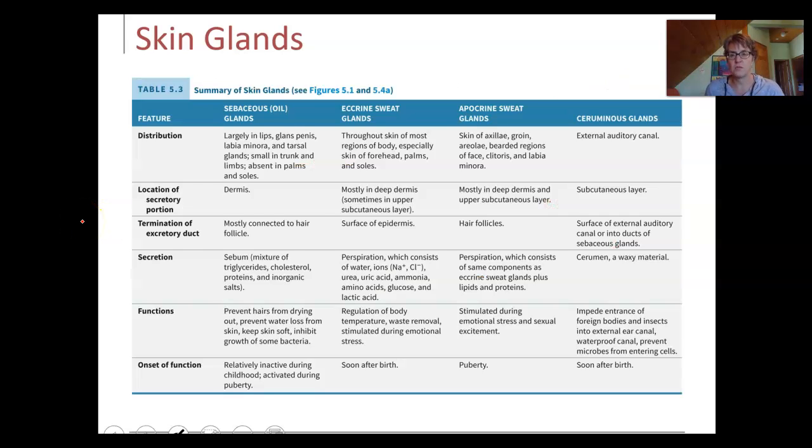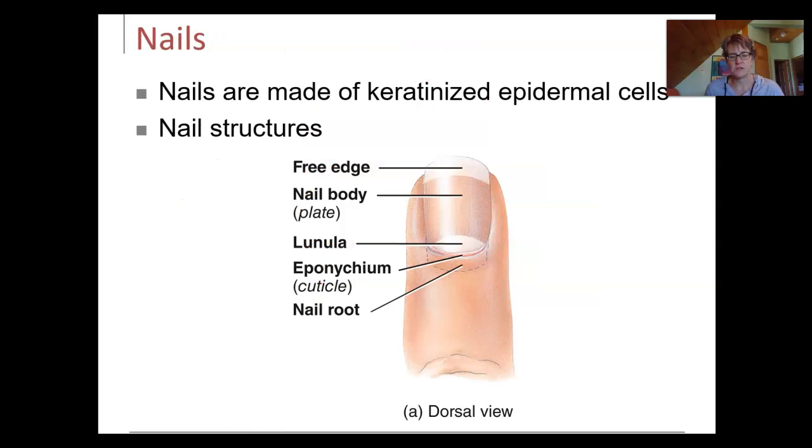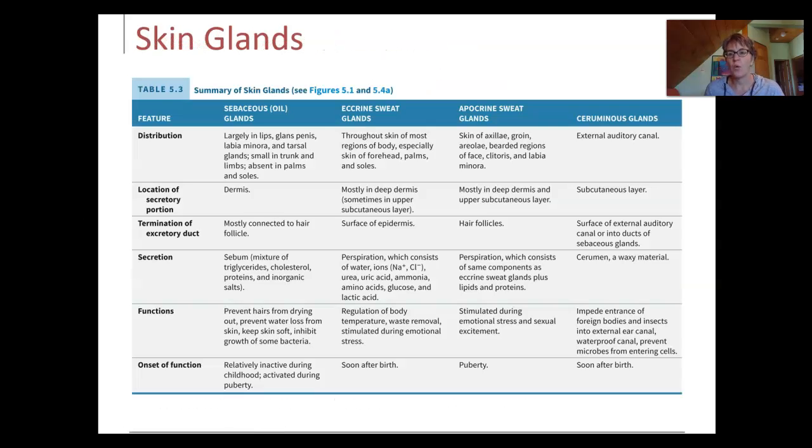Okay, let me just see, I don't say anything about oil glands. So let's see. Obviously this table is a big deal. We have oil glands. Distribution, and where you have hairs, because it's associated with, largely in lips as oil glands.